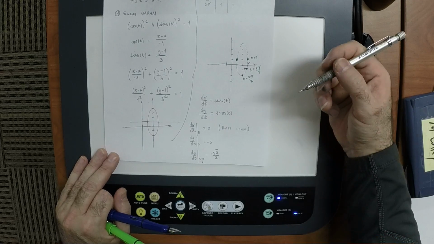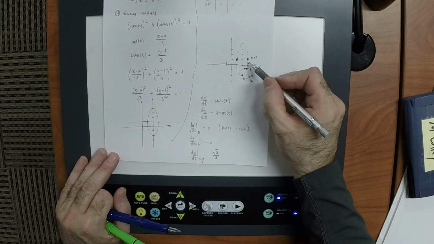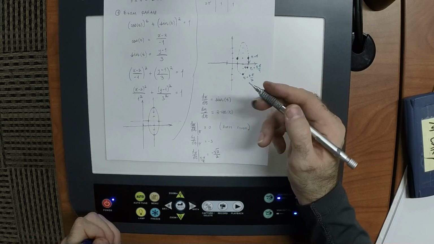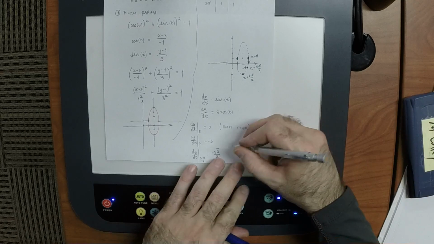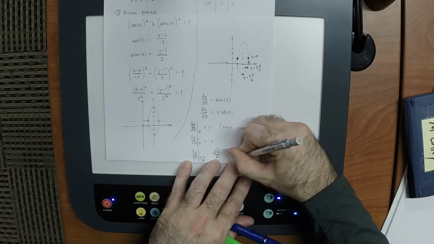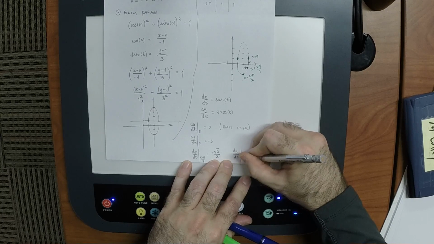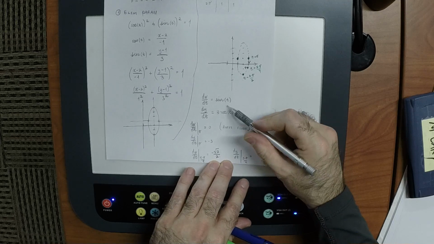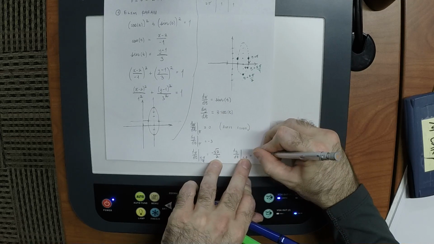It's going to have to be negative, right? It's going to have to be negative because if we're staying on the ellipse and we're here and we're going to the left, we must also be going down. Otherwise we'd be leaving the ellipse. So dy dt evaluated at 5 pi over 4 would be what?